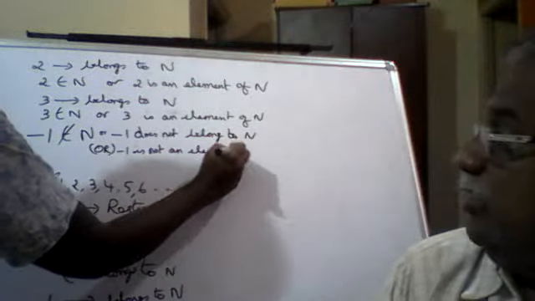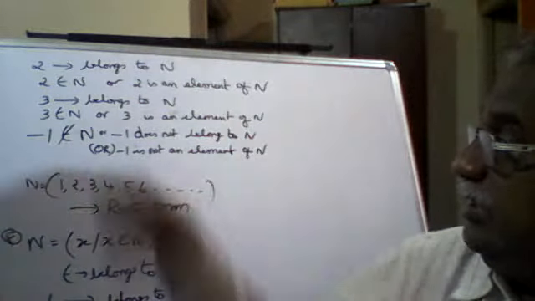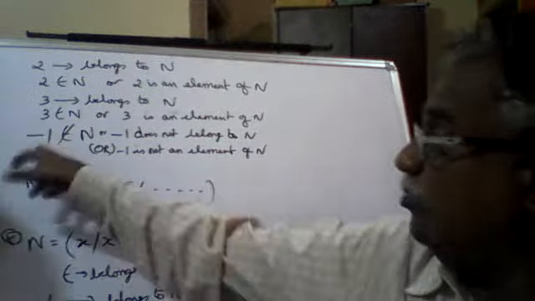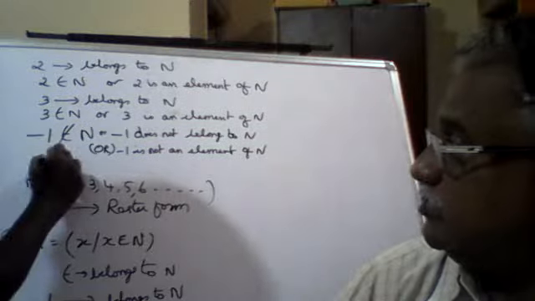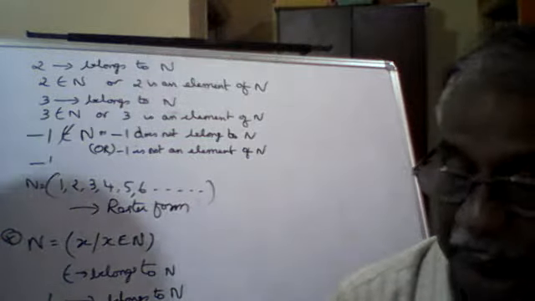To show it is not an element of N, you must slash the ∈ symbol. Put -1 once again. It's not an element of N.